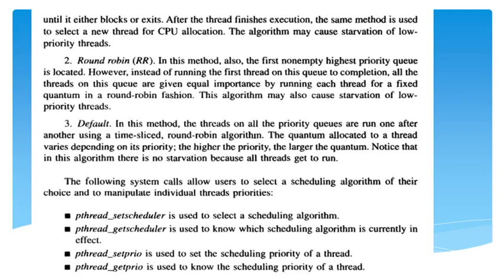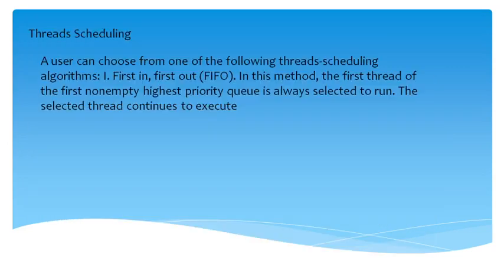If T1, T2, T3 are in the ready queue and T3 has the highest priority, T3 is selected and it will execute its job.